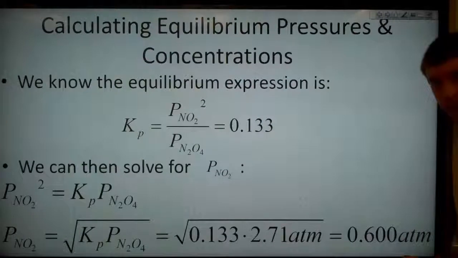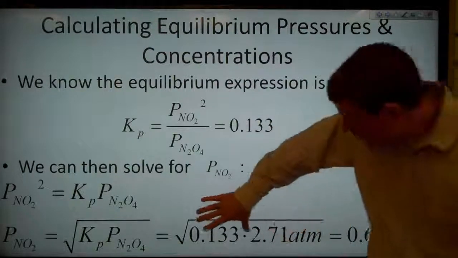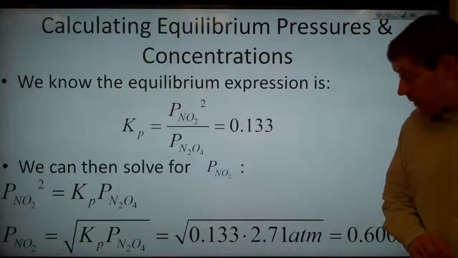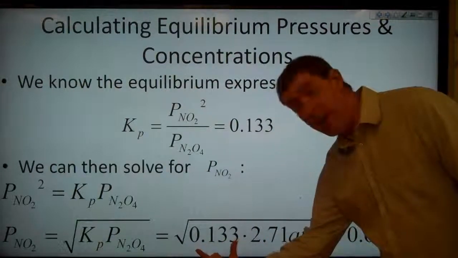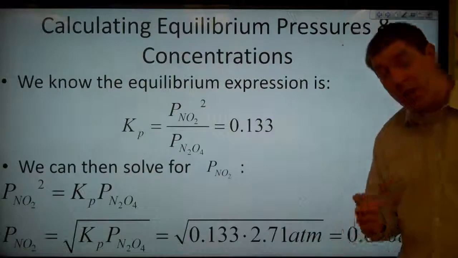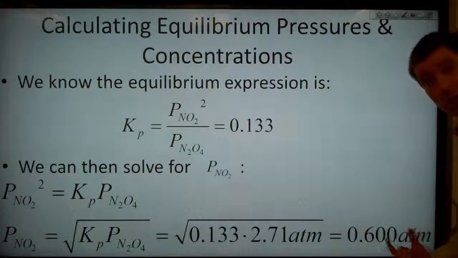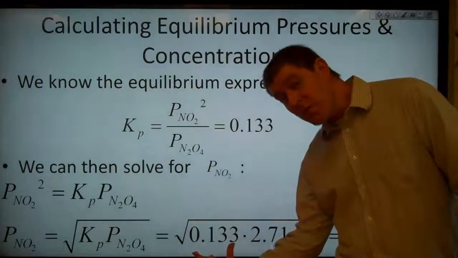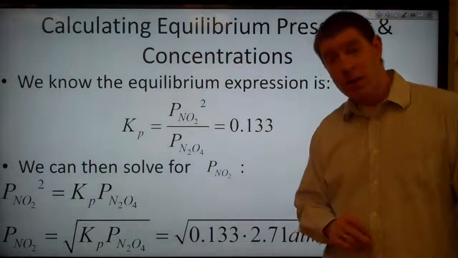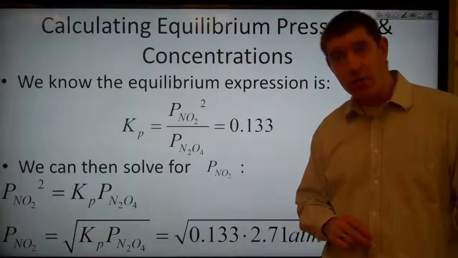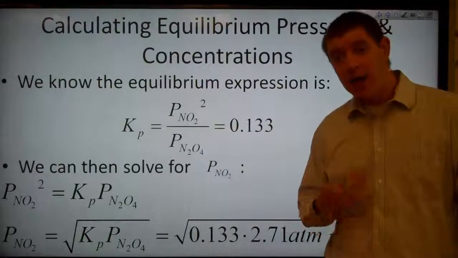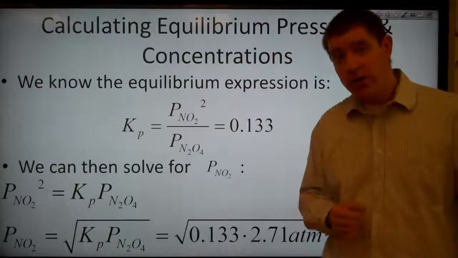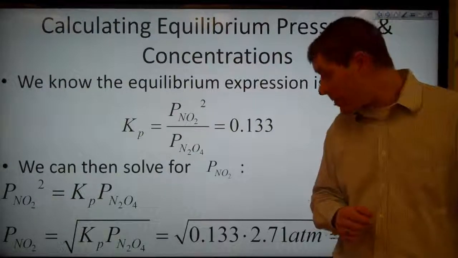Yes and no. If this K value is in fact unitless, then we should end up with a unit here of square root of atmospheres. But remember that often we're writing down our equilibrium constants as unitless, whether or not they really are. That's where this problem is arising from.